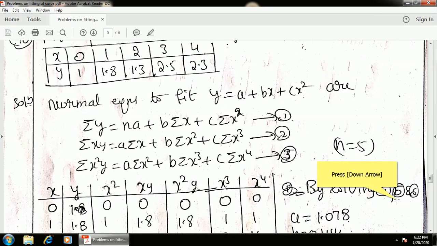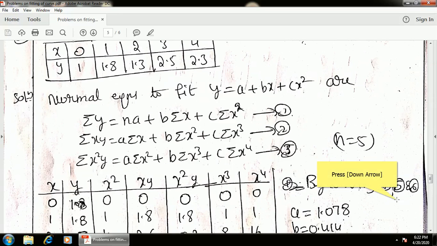Take summation on both sides for the given equation, then multiply that equation by x, then take the summation on both sides, again multiply by x square, then take the summation on both sides. It gives the three normal equations. Here we require the summation of x, summation of y, summation of x square, summation of x cube, summation of x power 4, summation of xy, summation of x square y.